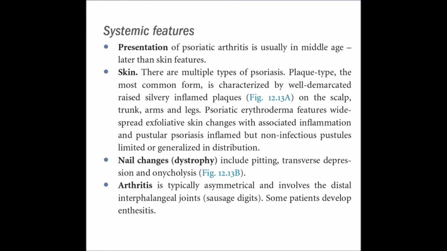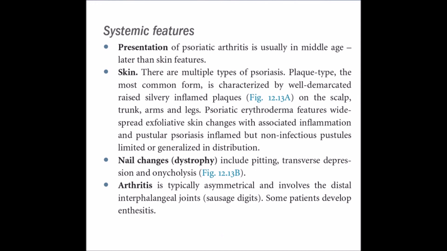There are multiple types of psoriasis. The most common is the plaque type, which is characterized by well demarcated, raised, silvery, inflamed plaques on the scalp, trunk, arms, and legs.